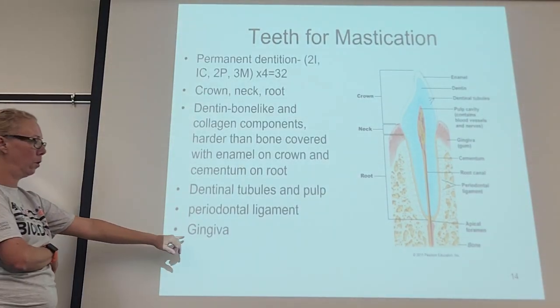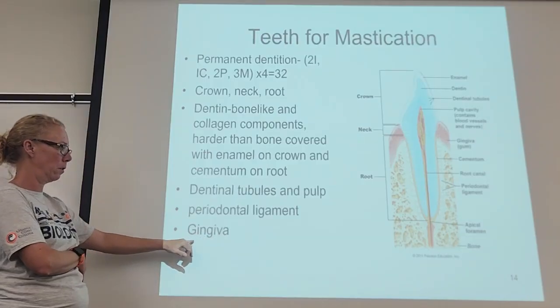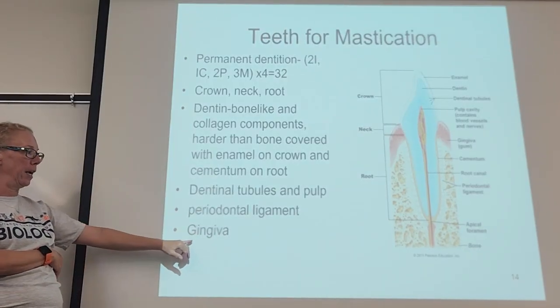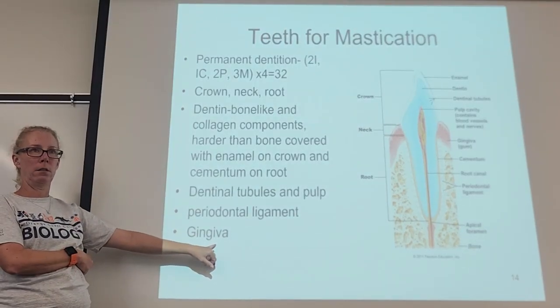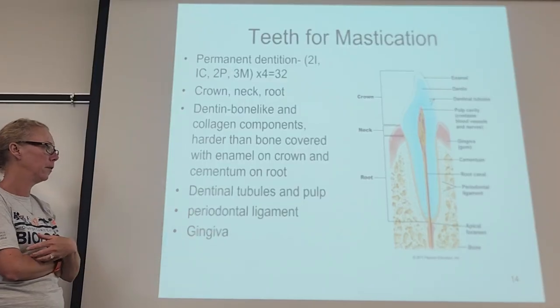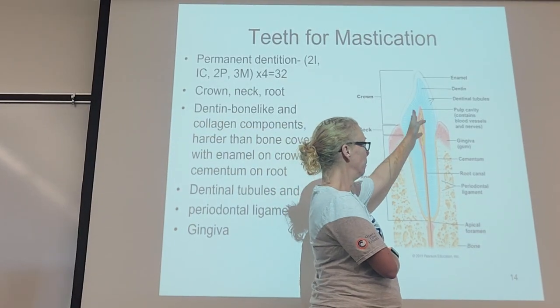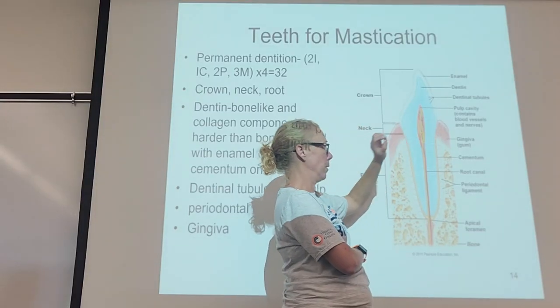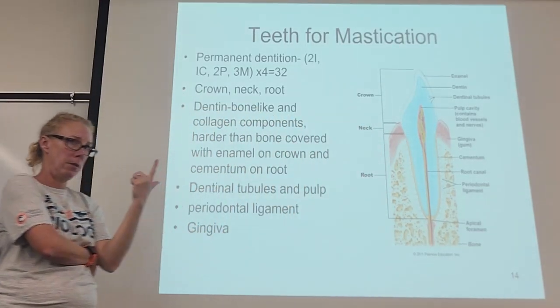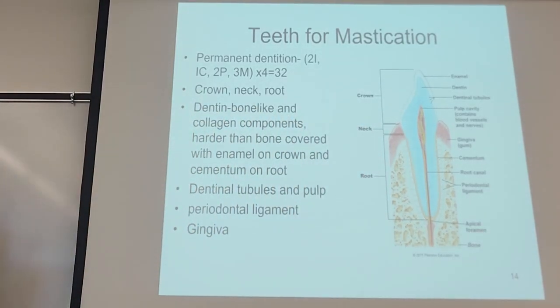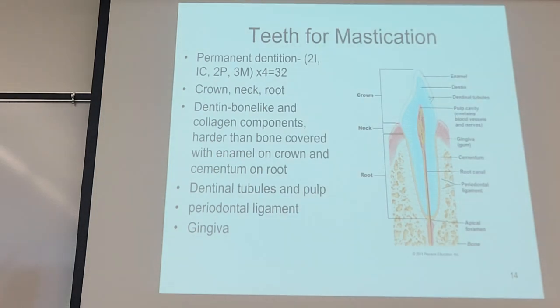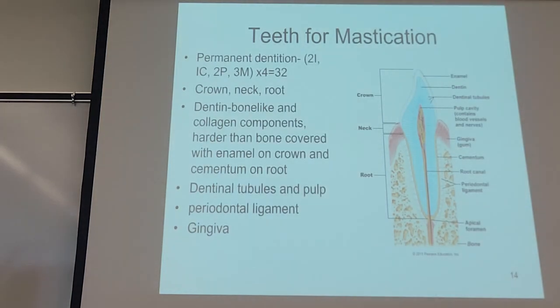Gingiva is a formal name for your gums. So if your gums get inflamed, what condition is that? Gingivitis, right. And then dental tubules and pulp is basically the inside. You've got pulp inside where you have arteries and veins that can feed the tooth, and then you also have nerves. So anyone that's had a cavity, myself included, it's uncomfortable.